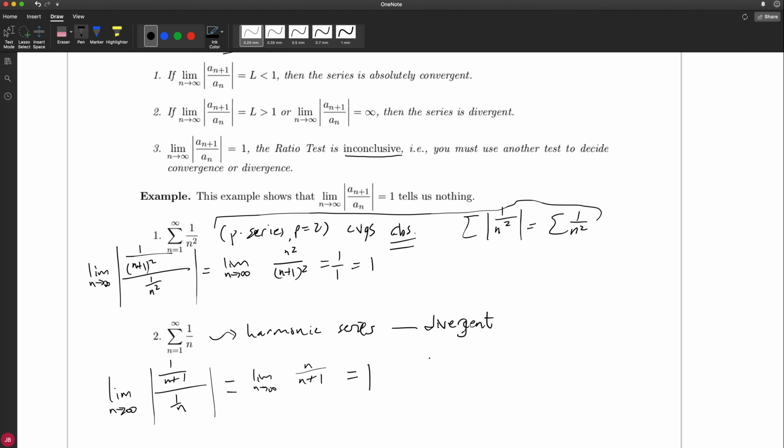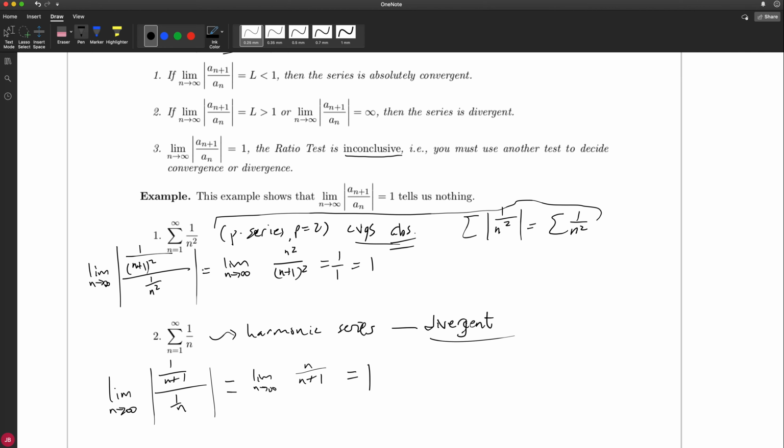So you see it's possible to have a divergent and also an absolutely convergent series where the ratio test equals 1. So this is telling us that the ratio test is inconclusive when it spits out 1. So the hope is that the ratio test does not spit out 1 very often, otherwise you have to use other tests.